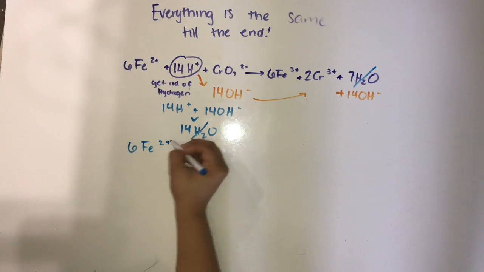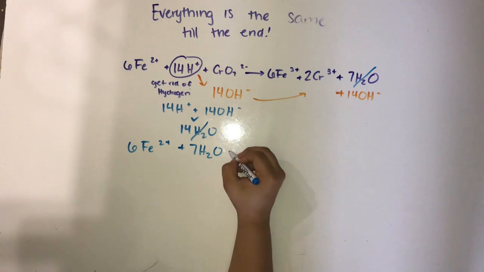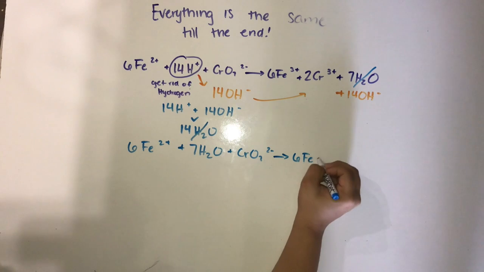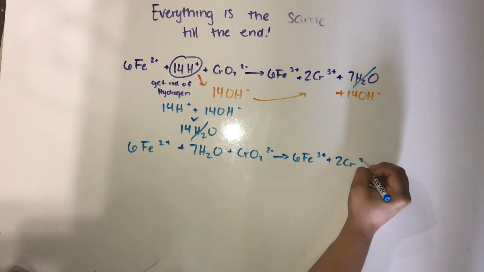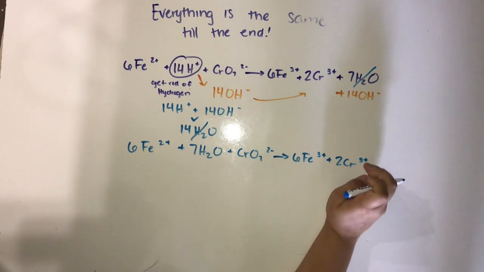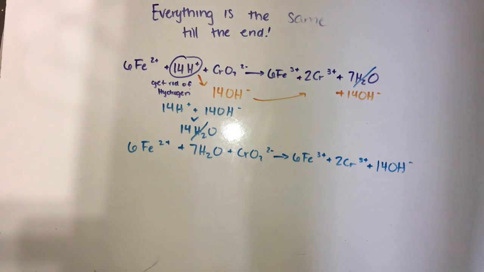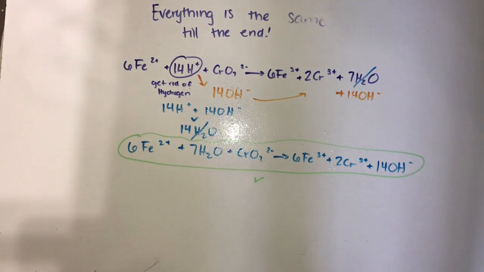This would leave you with 6Fe2+ plus 7H2O plus Cr2O7 2- yields 6Fe3+ plus 2Cr3+ plus 14OH-. That would be the end equation.